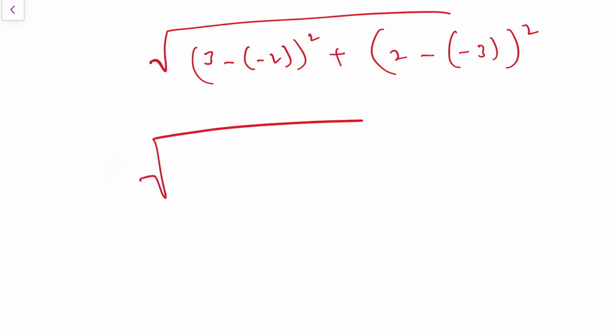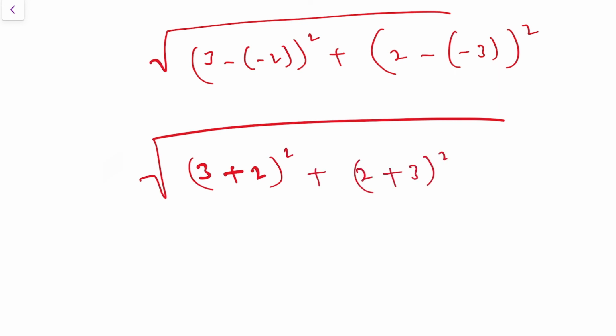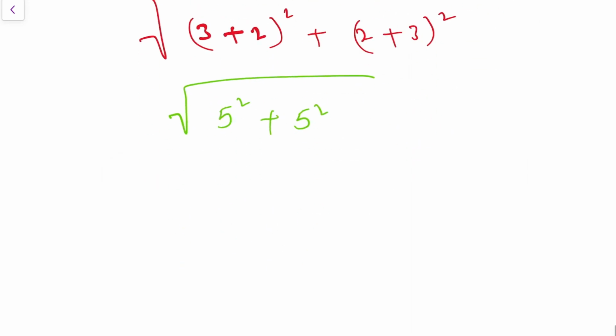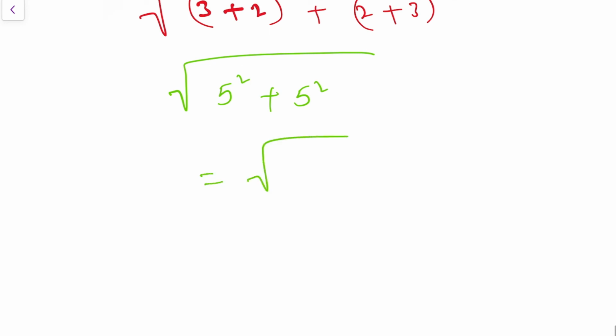Under root (3 minus (minus 2)) whole square plus (2 minus (minus 3)) whole square. That is under root 5 square plus 5 square, that is 25 plus 25, that is under root 50.